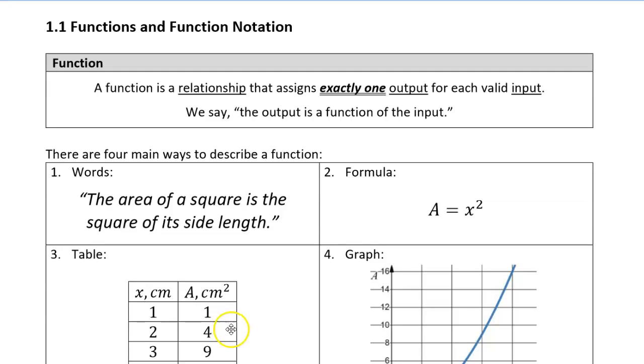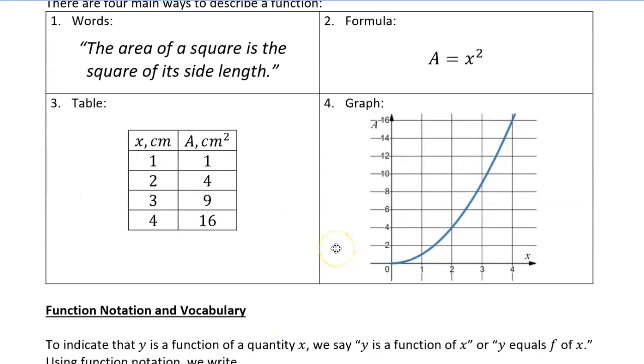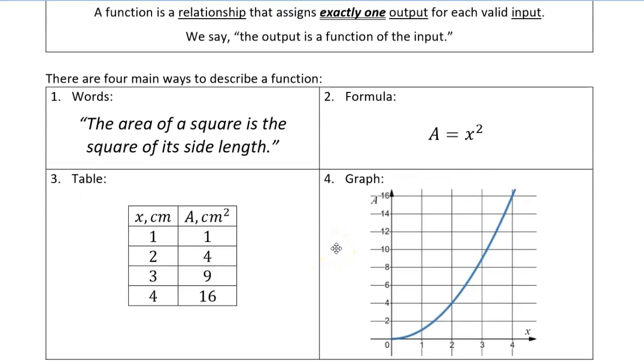All right, now there's 4 main ways that we can describe a function: with words, formulas, tables, or a graph. In this example, we know that the area of a square is the square of its side length. So we can say that in words. We can also say that with a formula. Over here in this formula, instead of using words, I'm using the letter A. A represents area.